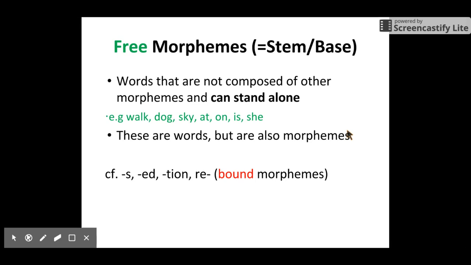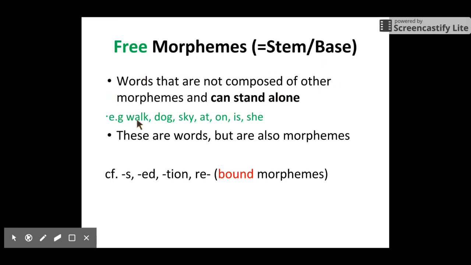Every morpheme can be classified based on whether or not it can stand alone by itself. If it can stand alone, then this morpheme is a free morpheme. And if not, then the morpheme will be a bound morpheme. Notice that a free morpheme is also called a stem or base.